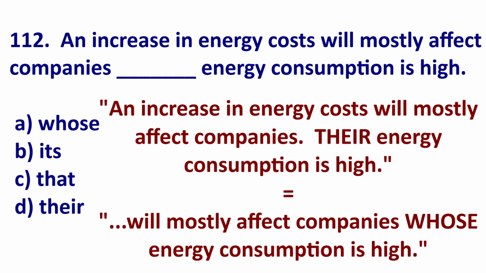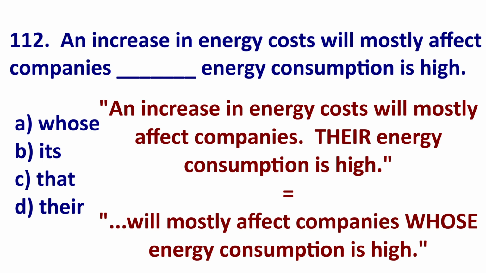So if we look at the TOEIC question, an increase in energy costs will affect most companies. Well, which companies? The companies that have energy consumption that is high. So we could say whose energy consumption is high.